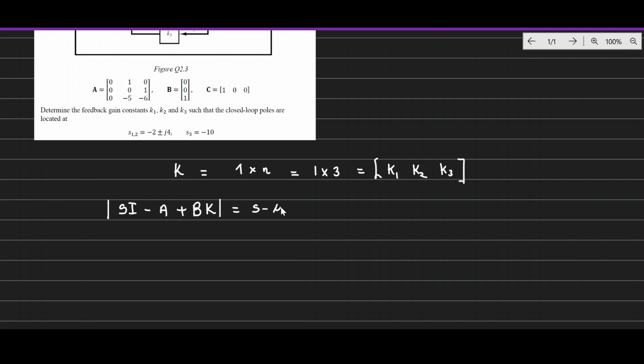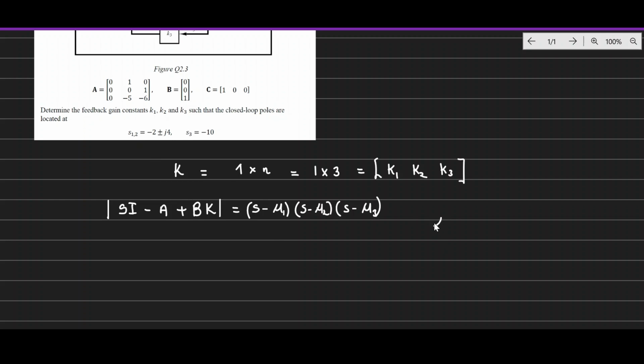So this can be written as (s minus mu1) times (s minus mu2) and then (s minus mu3). This equation you need to remember always. So mu1, mu2, and mu3 are those poles given, right?